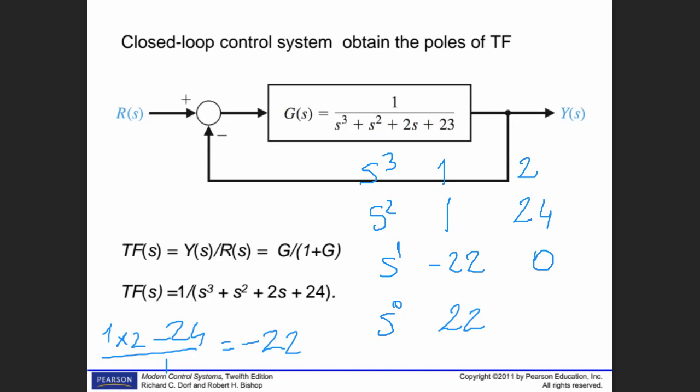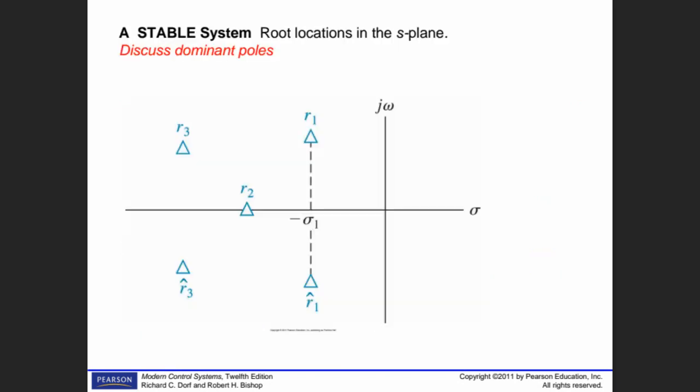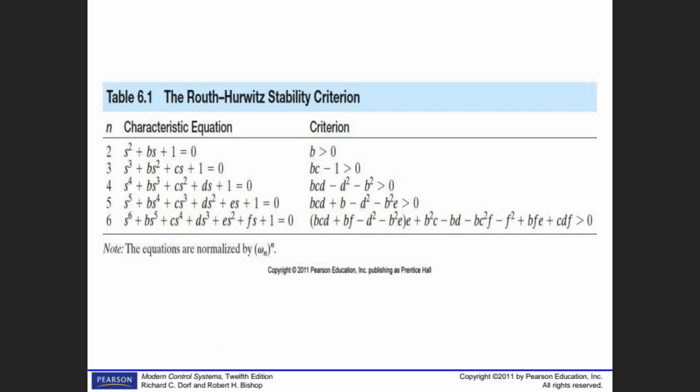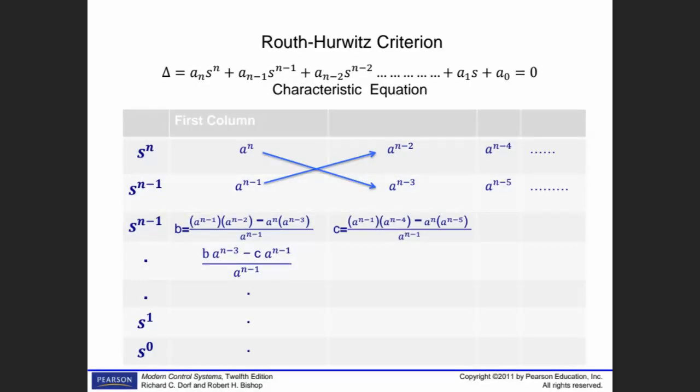So if any change occurs in the sign, then that means one root is on the opposite side, the right hand side of the S-plane. I repeat, you may wonder here.